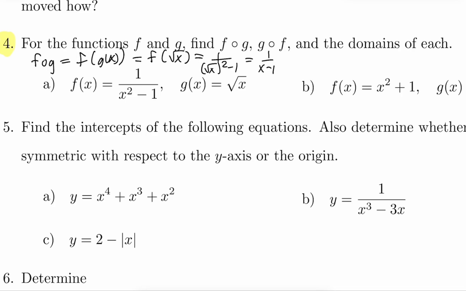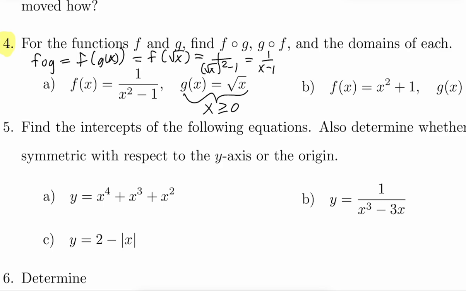Now, let's talk about the domain for a minute. You have to do it in pieces. You have to look at what is the original domain of your inner function. So our inner function is a square root. The domain of that is that the inside has to be greater than or equal to 0.